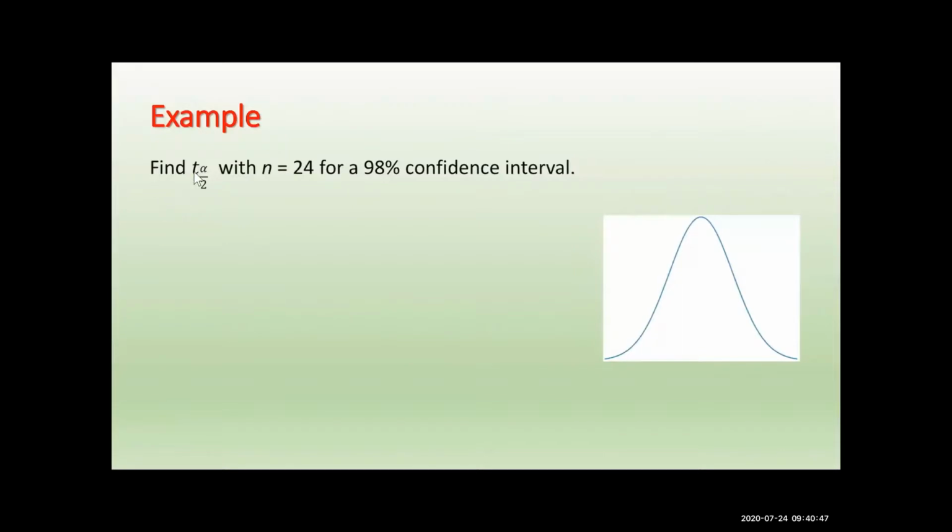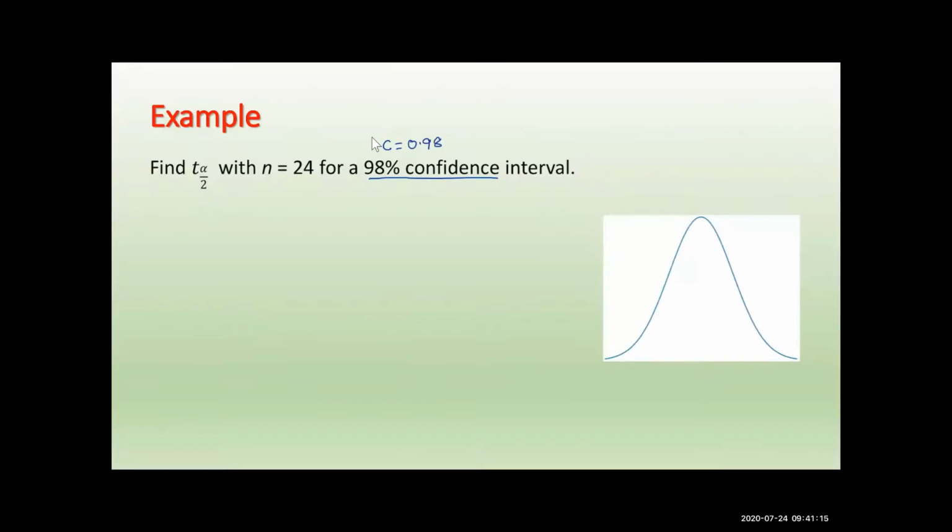Example, we have to find the T critical or T alpha over 2. In the previous examples, we did Z alpha over 2. Now we have to do T alpha over 2. That means this is the T distribution with N equal to 24 and 98% confidence interval. You have some idea here. When I say 98% confidence interval, you know that the middle area is 98%, 0.98.